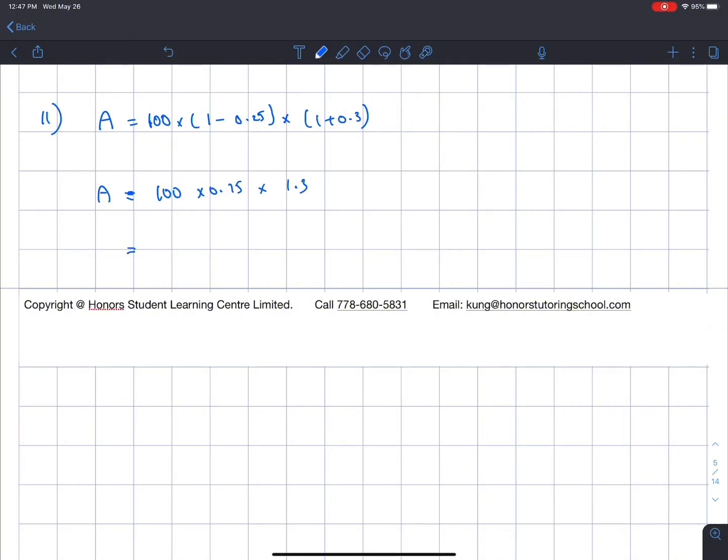And we get 97.5. So the percentage change is going to be ending minus beginning divided by beginning times 100%. So that should give us negative 2.5%. And that will be the answer.